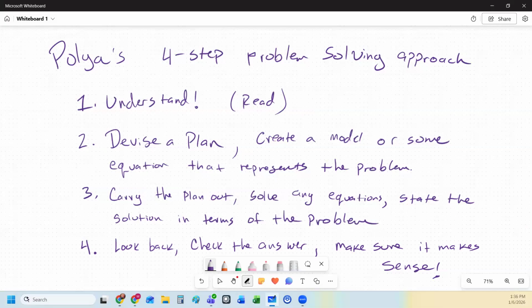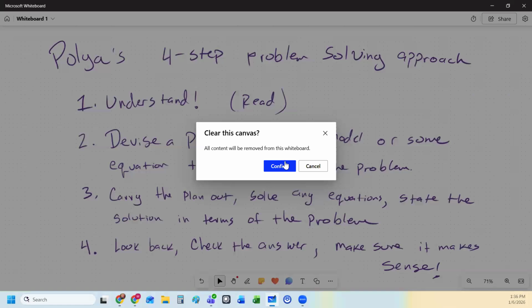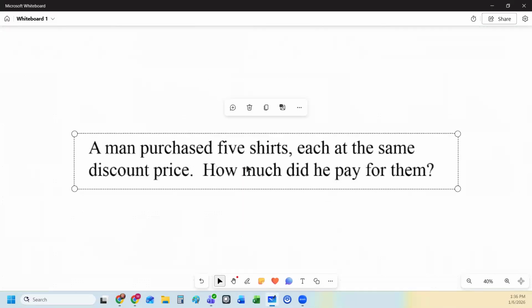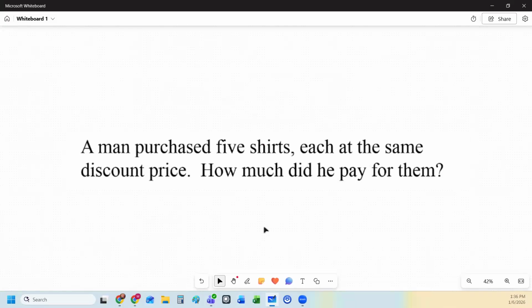So let's take a look at a few things here. If I give you this question, a man purchased 5 shirts, each at the same discount price. How much did he pay for them? What is it asking you to do?